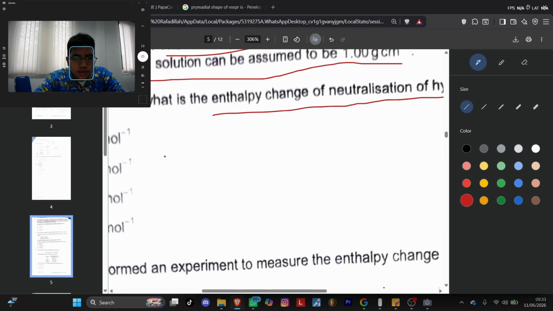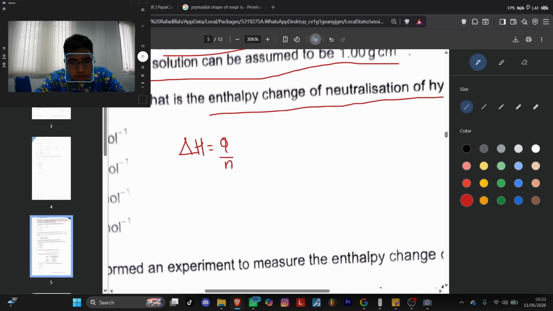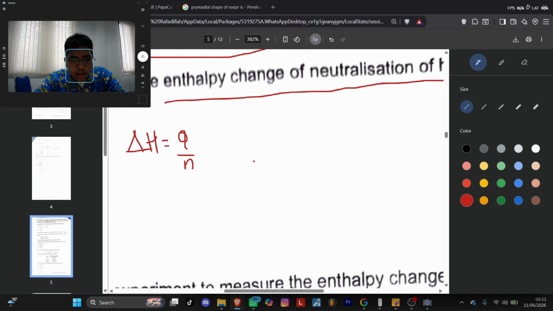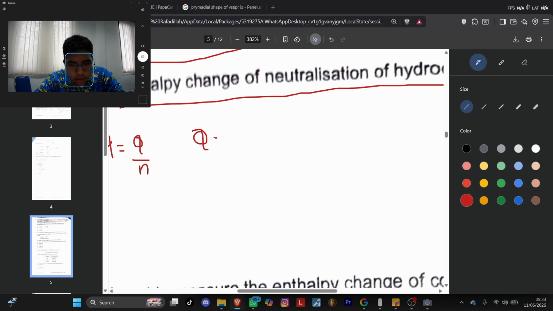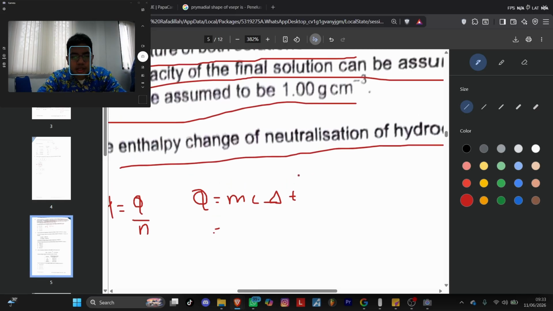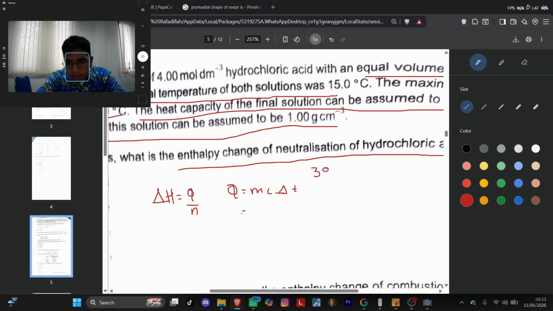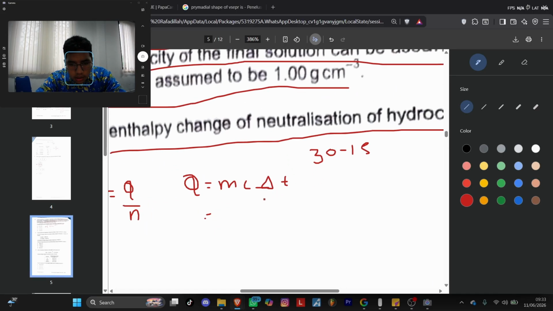We know the equation for the enthalpy change: delta H equals heat per mole. So we need to find the heat first. Q equals mc delta T. We know the delta temperature is 15, right?